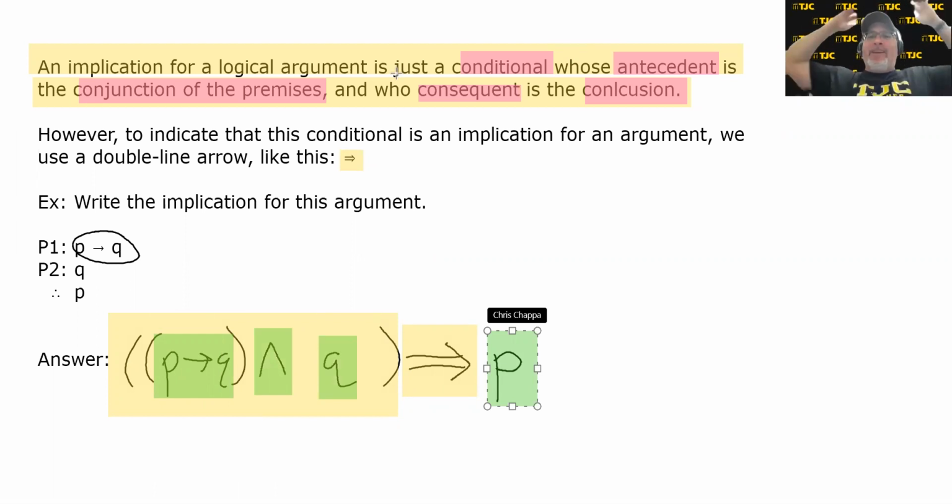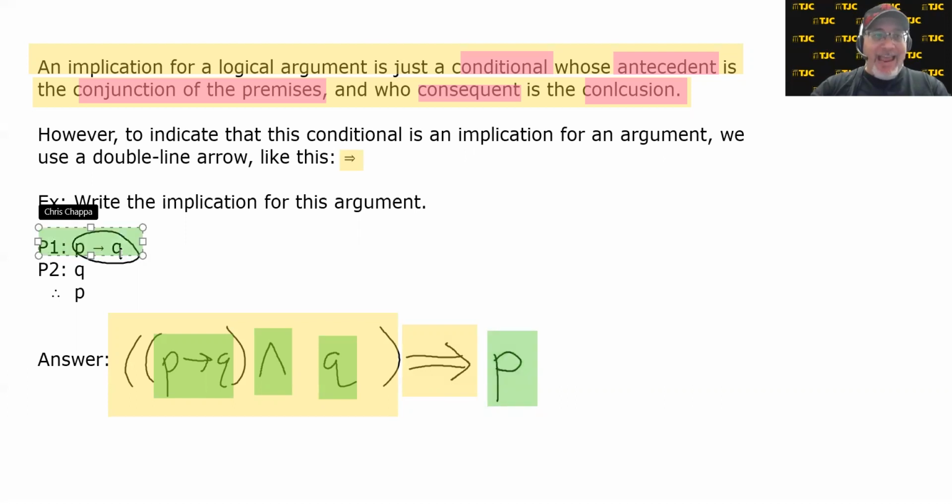And if you think about it, it makes sense. Because what we're really asking is, must the conclusion follow if the premises are true? So, follow me now, if this happens and this happens, which is literally what this says, then this happens.